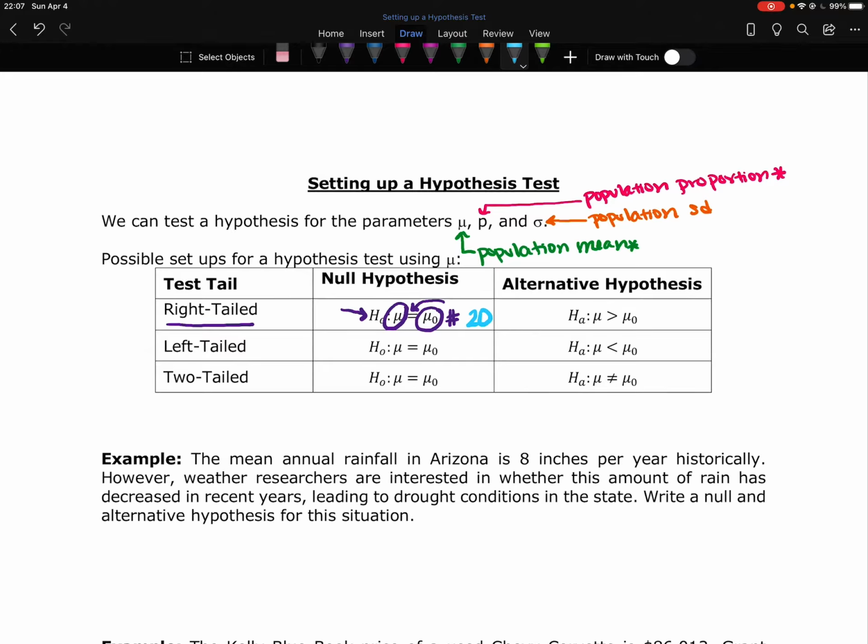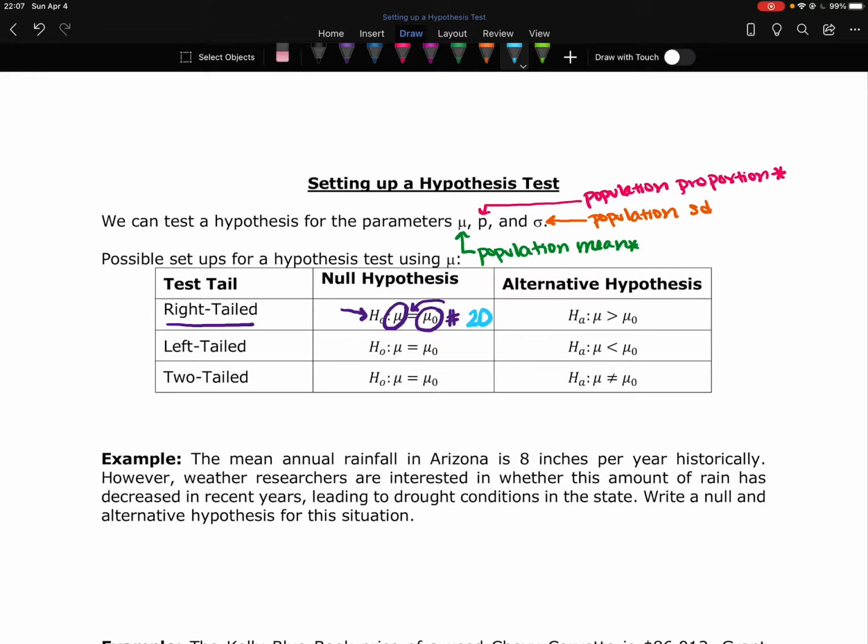They said the average age of a college student is 20. And I looked at that and said, I don't think so. So that's what I would start with for my null hypothesis. I'm assuming that's true because that's what this paper told me was true.